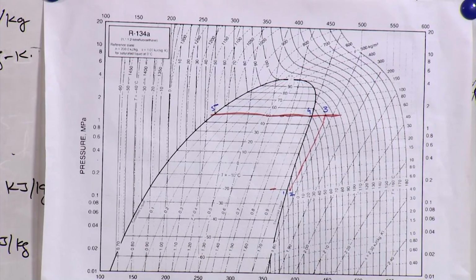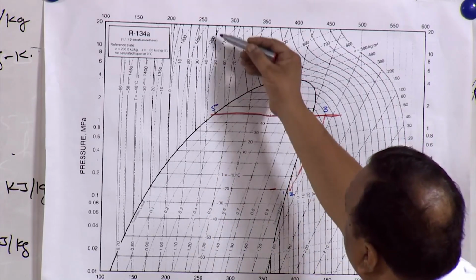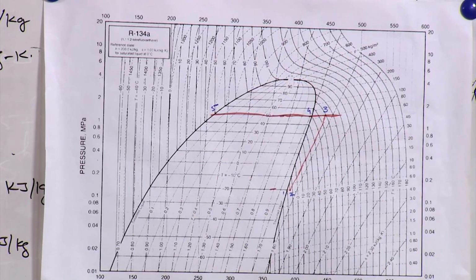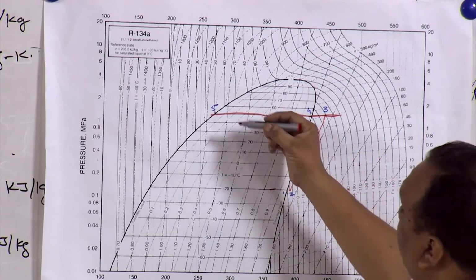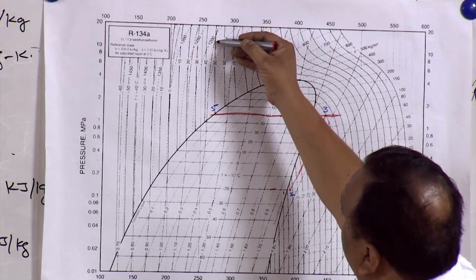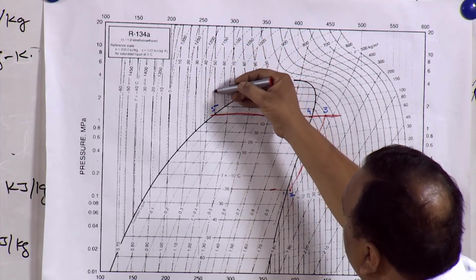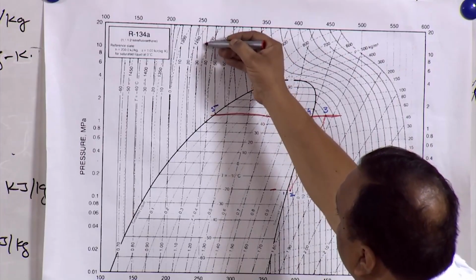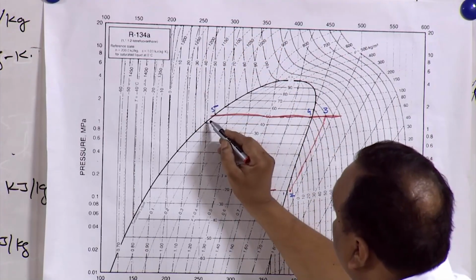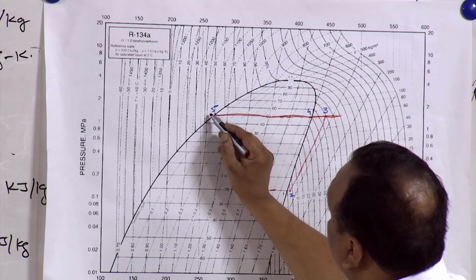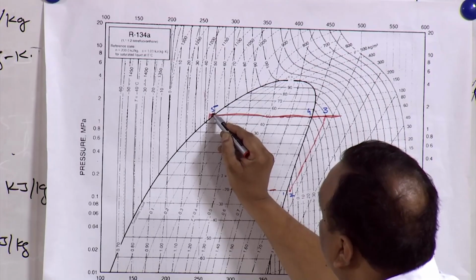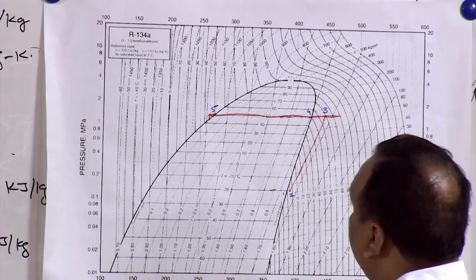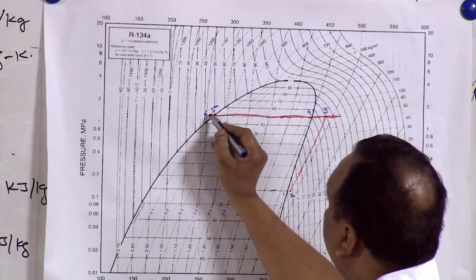At state 5 the temperature is 50 degree centigrade, since subcooling is taking place by 5 degree. So, this is constant temperature 50 degree centigrade line, this is constant temperature 40 degree centigrade line. So, 45 degree centigrade is going to be somewhere here, and this point will shift to 6, here is the point 6.